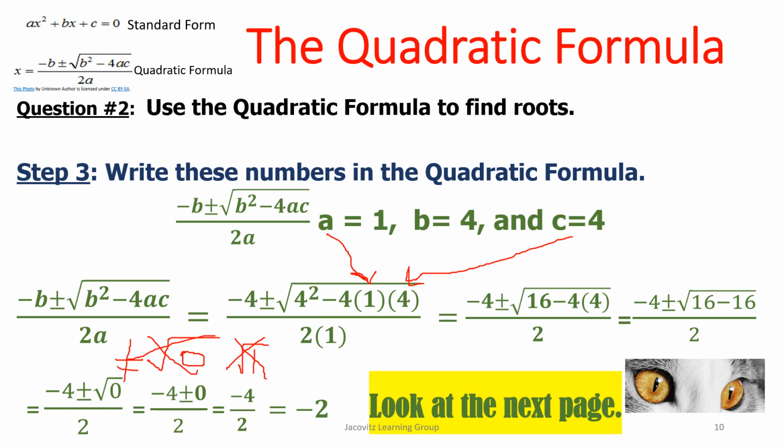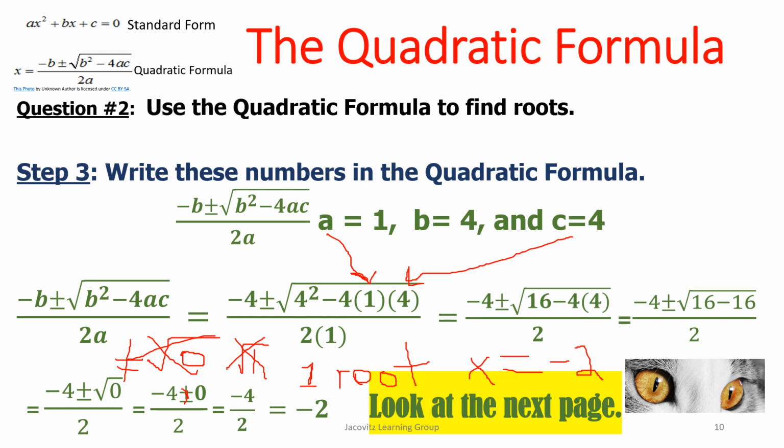Okay, and this plus or minus sign here is kind of canceled out, so it's negative 4 over 2. So you only have one root. And you only have one possible solution to an equation. And your teacher is going to explain that to you, why you have one root. Your teacher is going to expect you to know. So x equals negative 2 only.